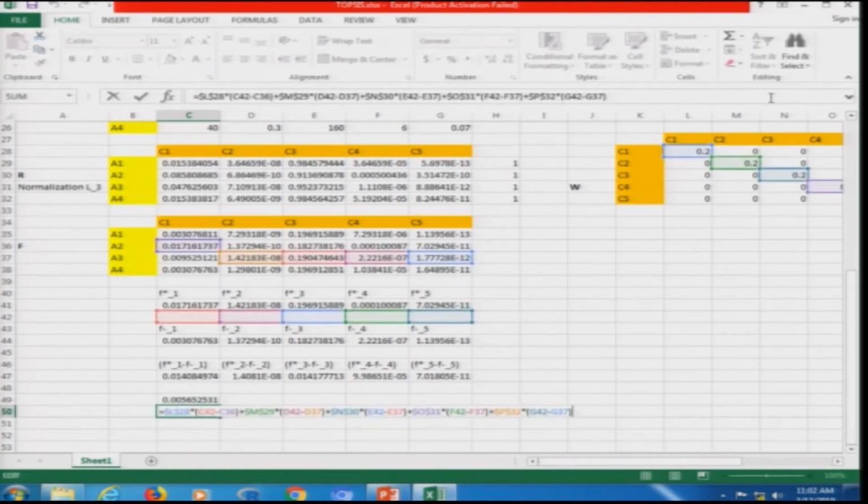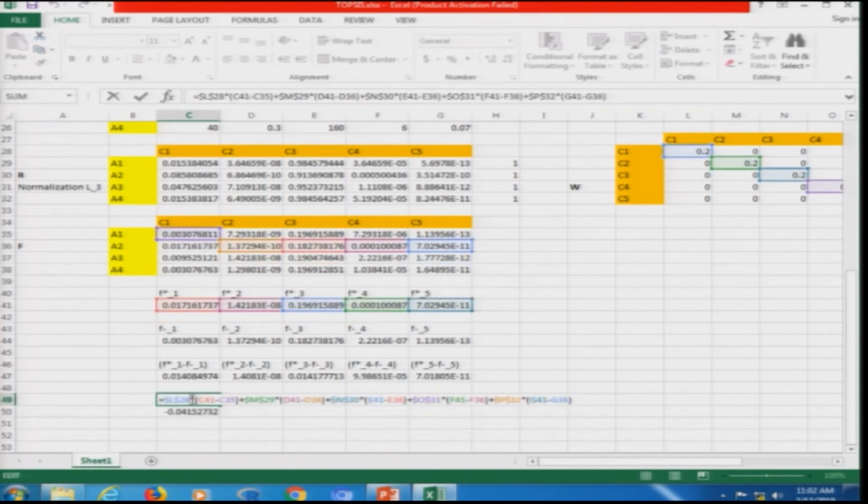Again, the max values are also to be fixed. So, if I go there and just do one of them, it will become much easier for us to solve.